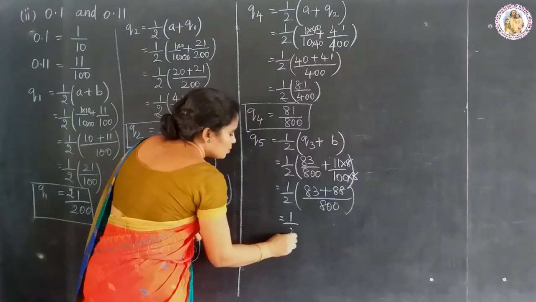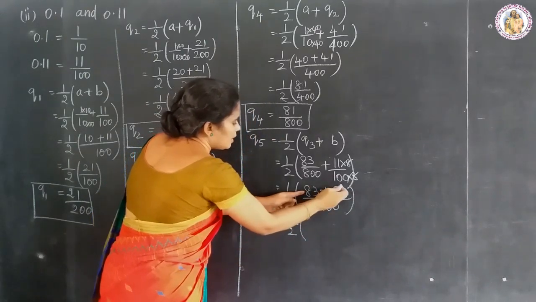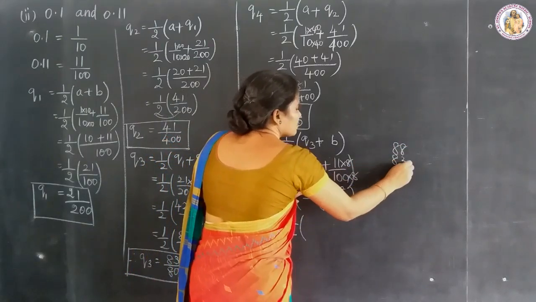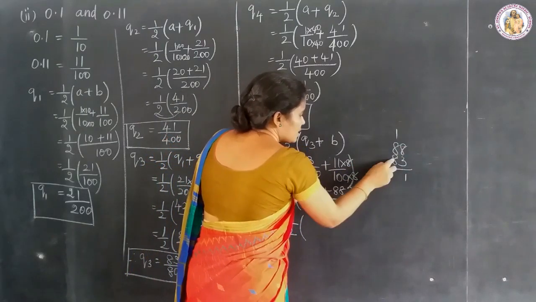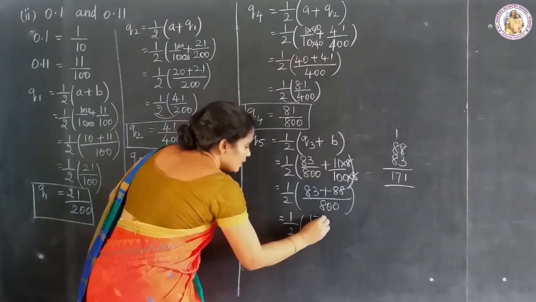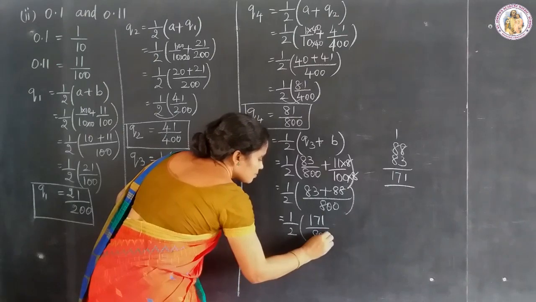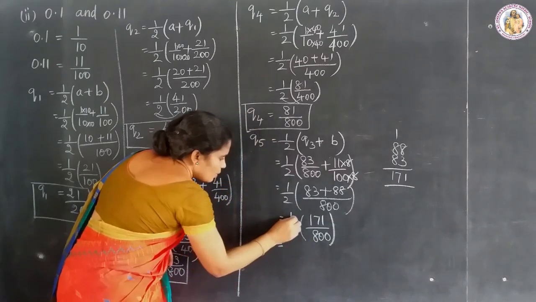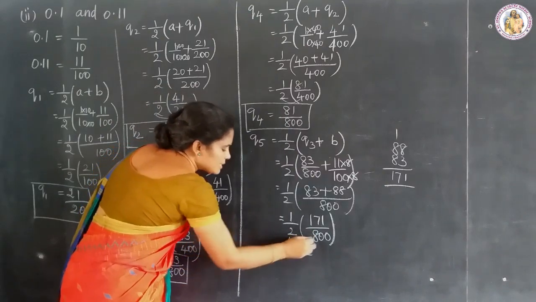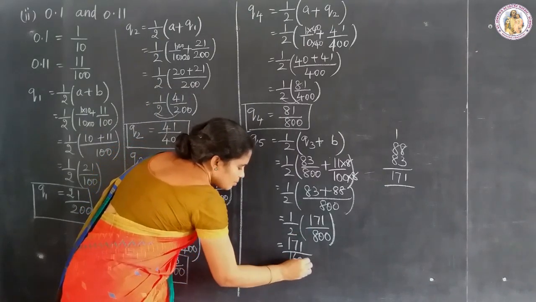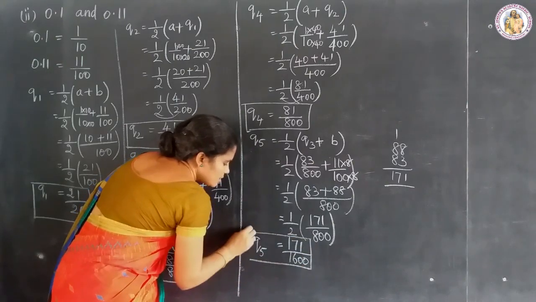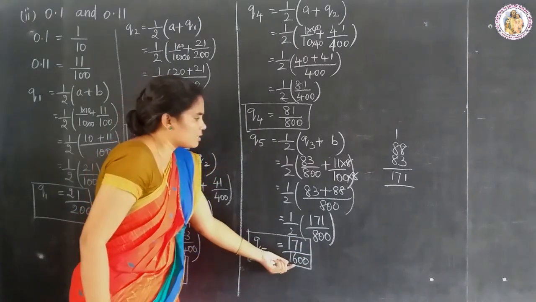So 1 by 2, 83 plus 88, 171 by 800. So 1 into 171 is 171, 2 8s are 16, 00. So Q5 is equal to 171 by 1600.